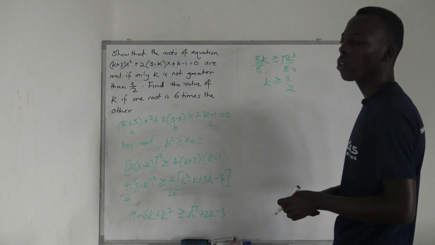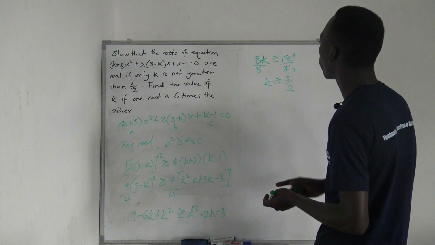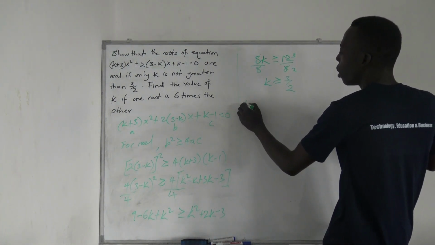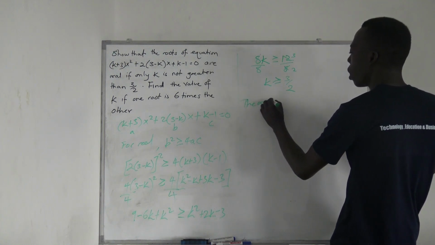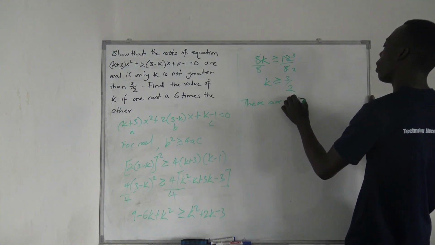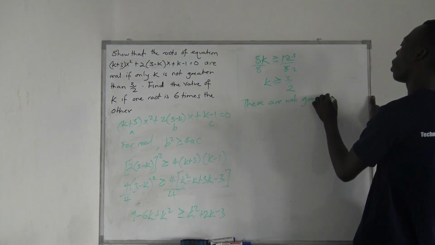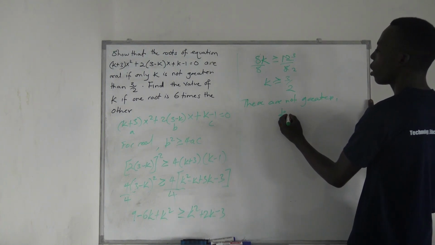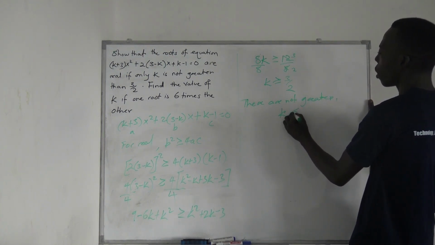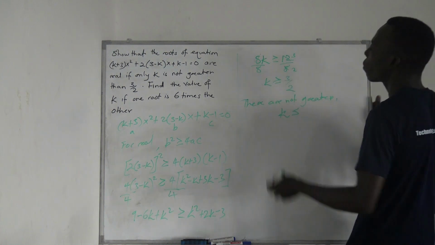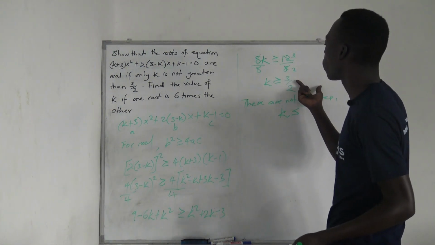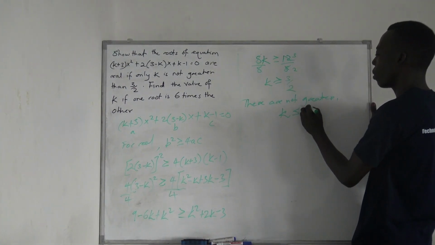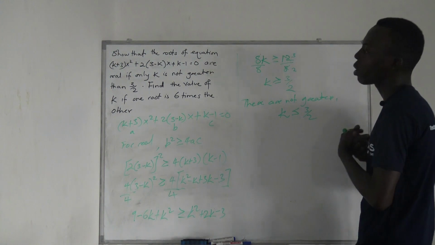So for this case, for us to show that they are not greater, we just change the sign, which means our k is therefore less than. So if they are not greater than this, that means they are less than something, which is 3 out of 2, as what they say.